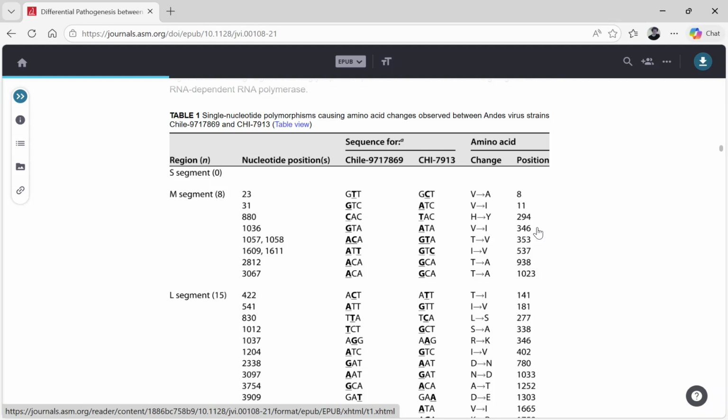So the 532, so approximately here, and downstream of this at the 1090.